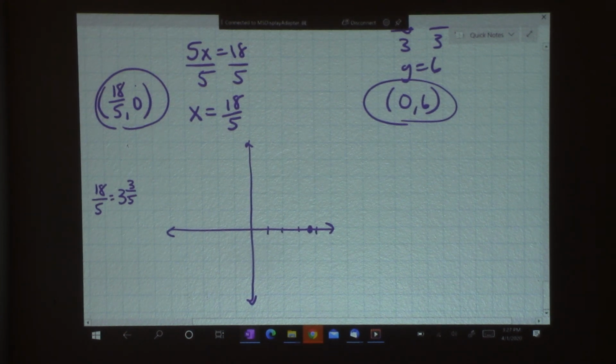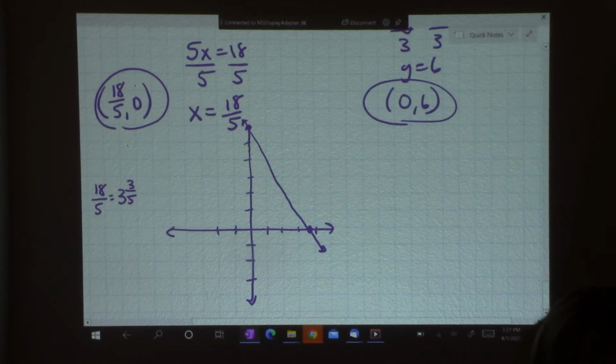I'm guessing a little, estimating. That's fine. All right, so now for this one, I need to draw this a little longer. 6. 1, 2, 3, 4, 5, 6, way up there. And I'm going to draw my line, and there we go. That's graphing using intercepts.